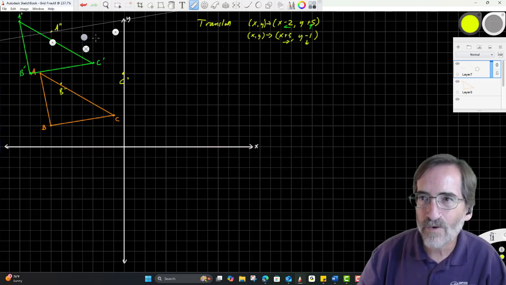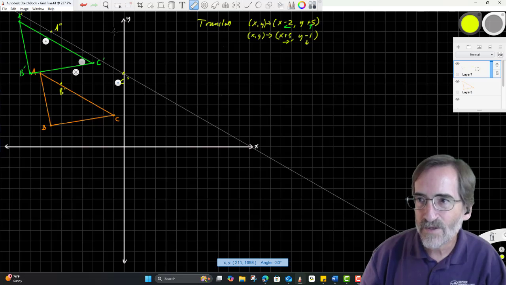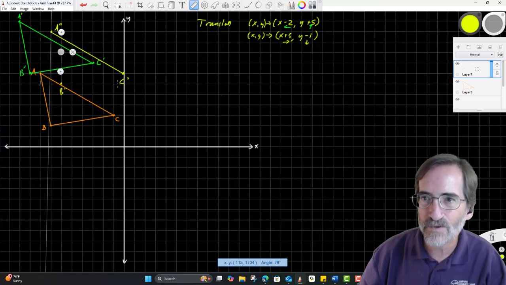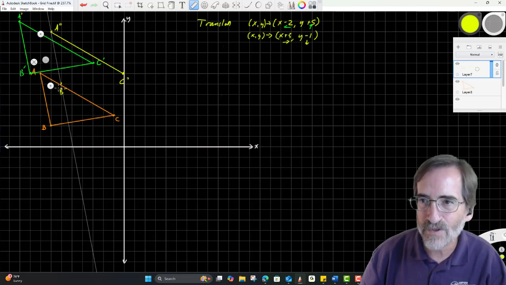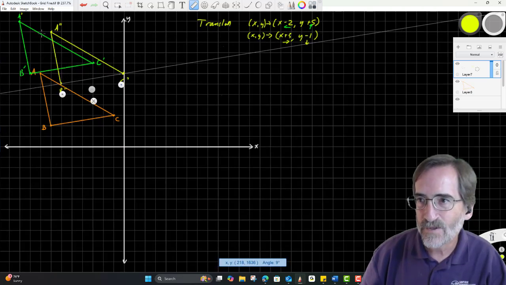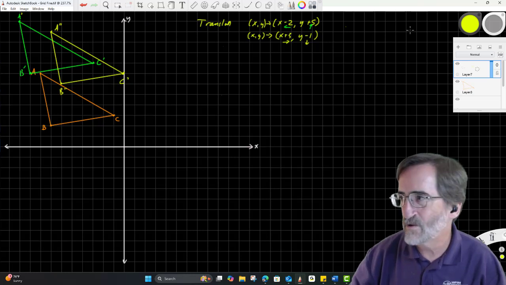And I want to notice the end result. Obviously, these are rigid transformations, so the shape is still congruent to its original shape. All the angles and side lengths are preserved. But if you compare the orange pre-image to the final image, the yellow, you can see that this amounts to being a single transformation.